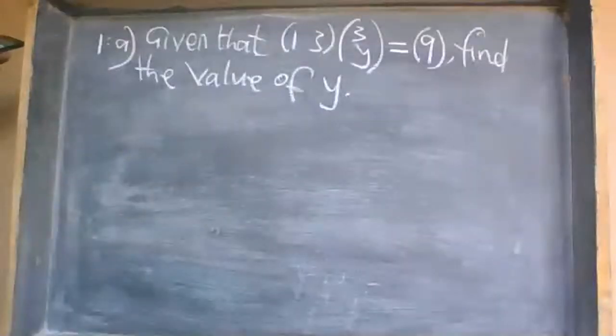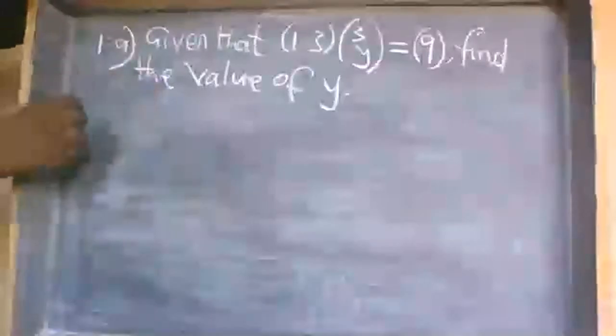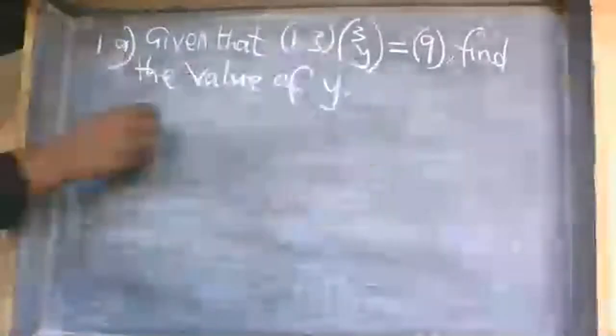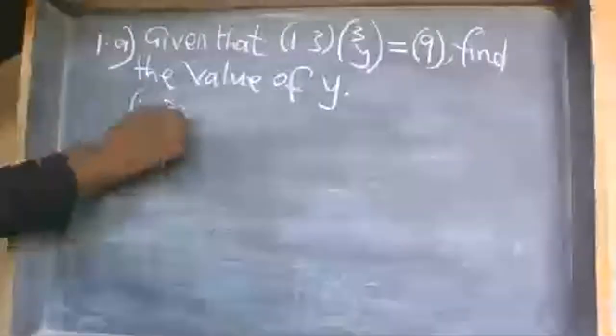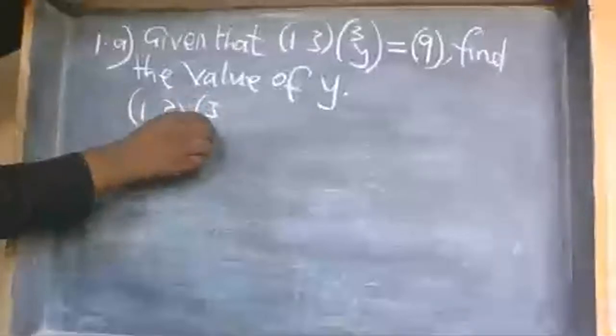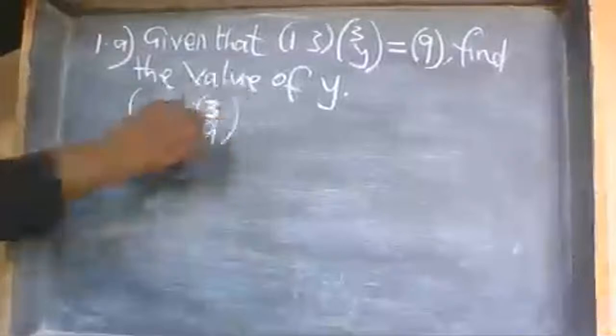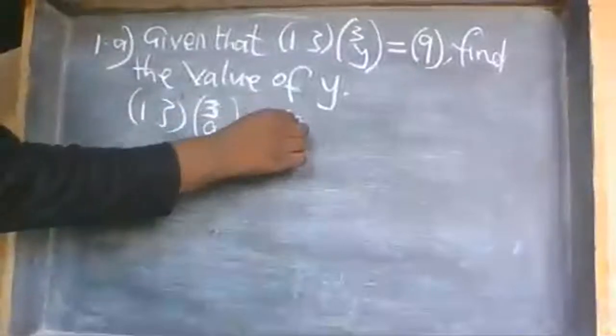What we are going to do here is as follows. We are going to find the determinant. We have already been given the determinant in this question. Let me just rewrite this question. This is 3 here equals 9.